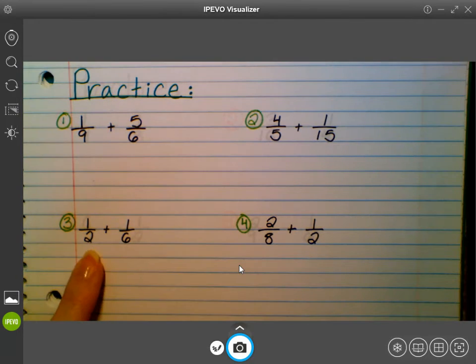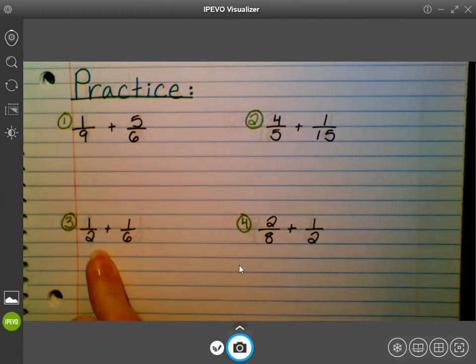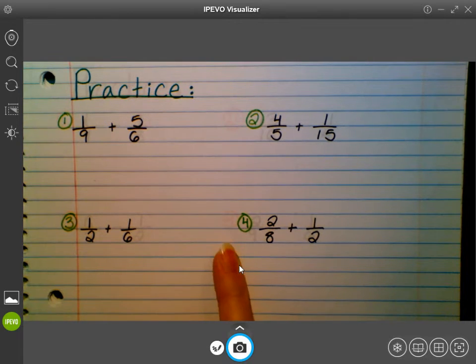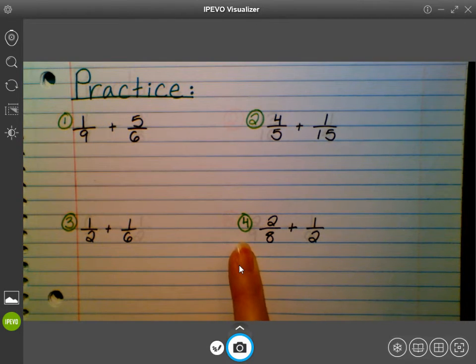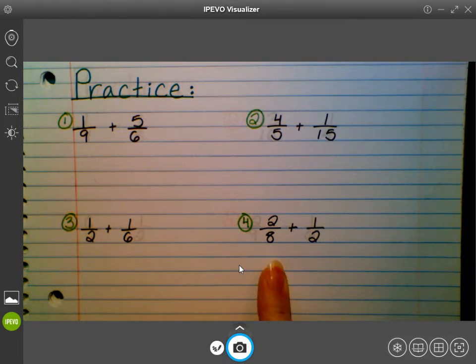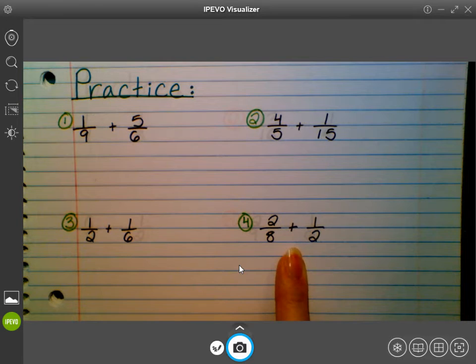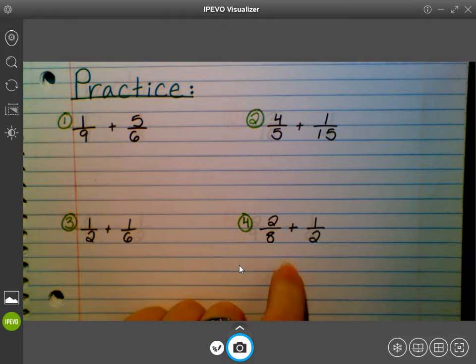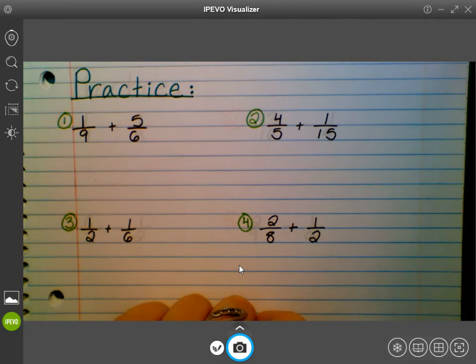Number 3 is 1/2 plus 1/6. Michael, do you need to go get a drink of water, take a break? All right. And number 4 is 2/8 plus 1/2. So once you get these written down, go ahead and start solving them.